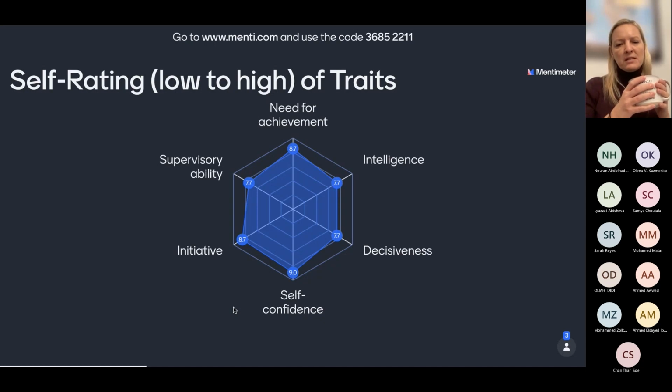Oh, we have decisiveness down there too now. Not too low though, it's still within a range of being highly productive. Confidence is great. Lots of high. I think we have a couple of people who still haven't had a chance to complete the ratings. Maybe one more.